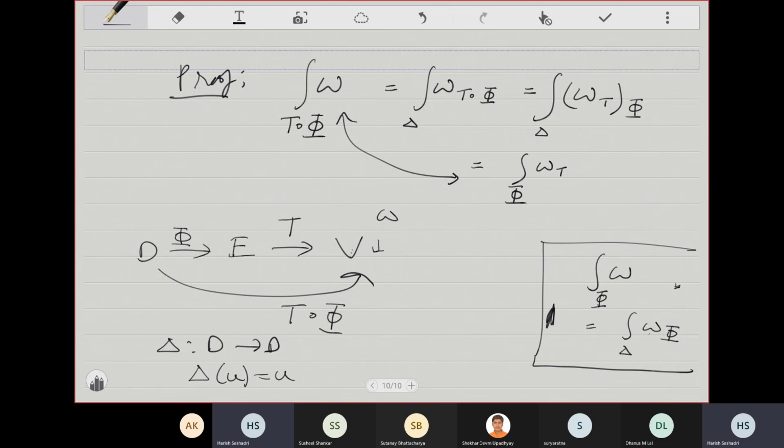The T there was supposed to be one to one, and the derivative was supposed to be invertible at all points, etc. And moreover, E and V were supposed to be domains, open sets in the same Euclidean space. So these two statements, the classical one and this one, are a bit different.